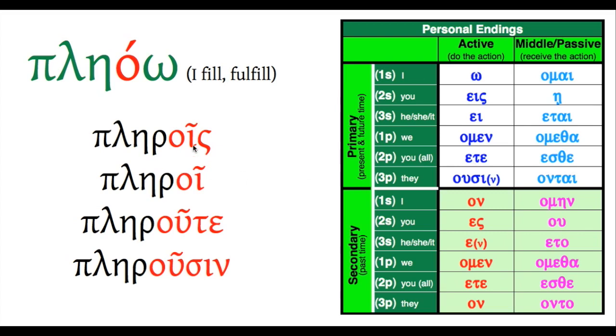Okay, you can see it looks strange to us, but it's not that strange. Pleirois, any guesses? Is second person singular. You fill. Pleiroi, that's the A form here. So he, she, or it fills. Ute, like eta, right? So second person plural. And usin, they fill. Shapes, shapes, shapes.